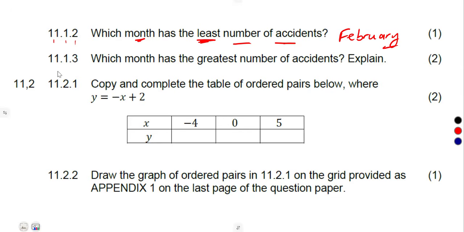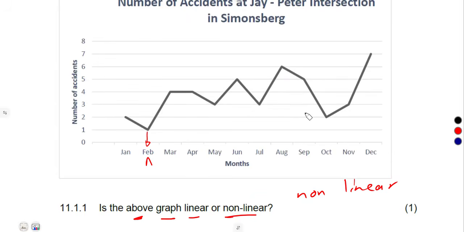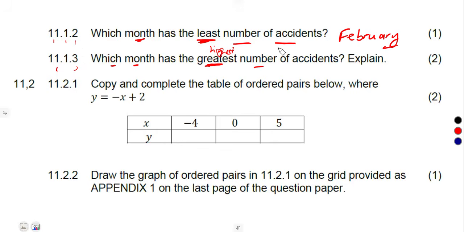Then 11.13, which month has the greatest, the highest, number of accidents? We look into the graph. The highest number, as you can see on top there, is compared to anything the highest, and that is happening in December.